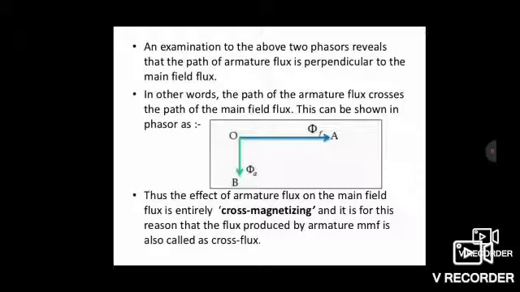In other words, the path of the armature flux crosses the path of the main field flux. This can be shown in the phasor. Thus, the effect of armature flux on the main field flux is entirely cross-magnetizing, and it is for this reason that the flux produced by armature MMF is also called cross flux.